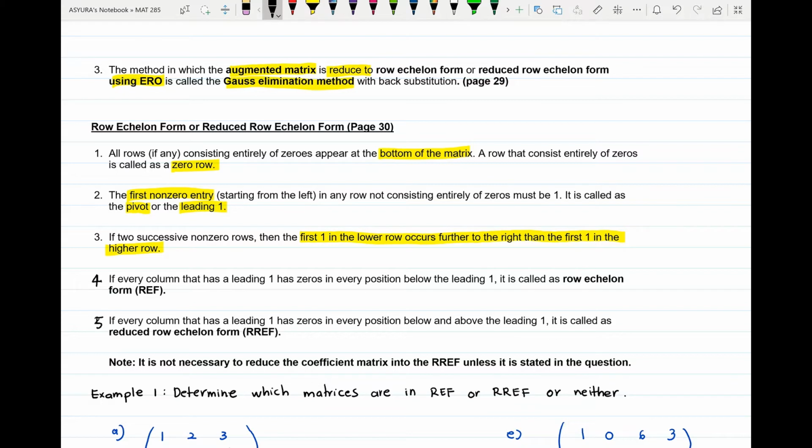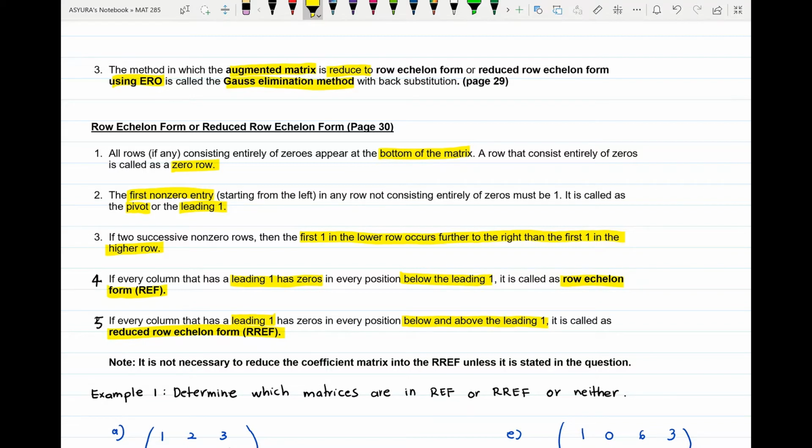Later on we will see an example of the row echelon form. Next, number 4: if every column that has a leading 1 has zeros below the leading 1, we call it a row echelon form, or REF. And the last one: if every column that has a leading 1 has zeros in every position below and above the leading 1, we call it the reduced row echelon form.